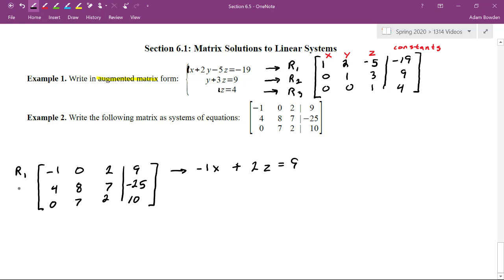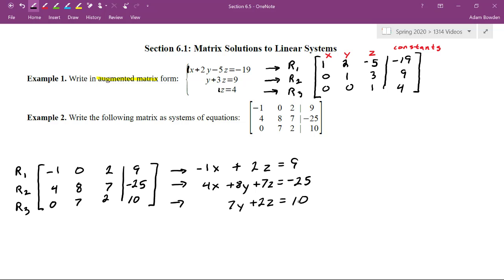Then the next row, which we'll call row 2, is going to be 4x plus 8y plus 7z is equal to -25. And then the third row, row 3, there's a 0 for x, so there's no x. We have 7y plus 2z is equal to 10. So that would be the system of equations that goes along with this matrix.